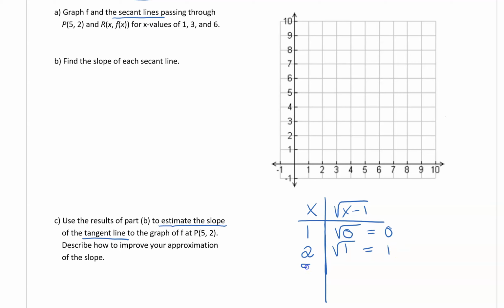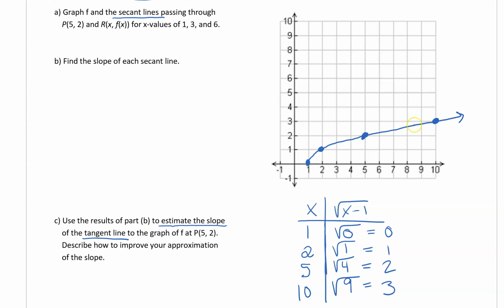Then I think I'm going to jump to 5 because if I do 5 minus 1, I get the square root of 4, which is easy, 2, and then I'll jump to 10 because if I do 10 minus 1, I get 9, and then it's easy to take the square root of 9. So I think I'm just going to use these points here: (1, 0), (2, 1), (5, 2), and (10, 3).